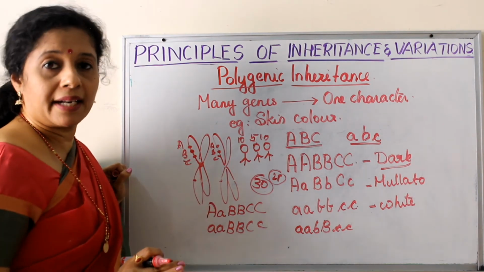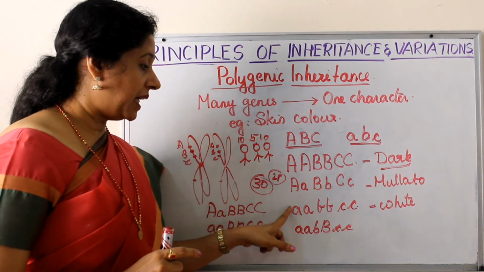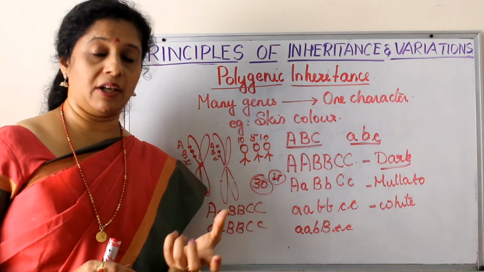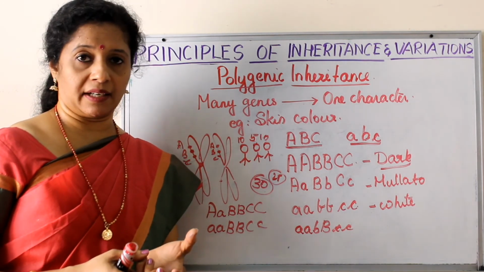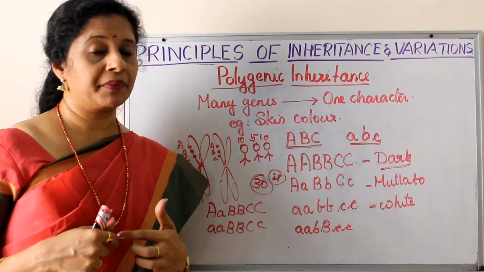So like that the gradation can be there, but here we have to remember one thing, that is each gene or each allele is contributing towards the phenotype, or it is a cumulative effect. And second thing, only with this the skin color cannot be determined.